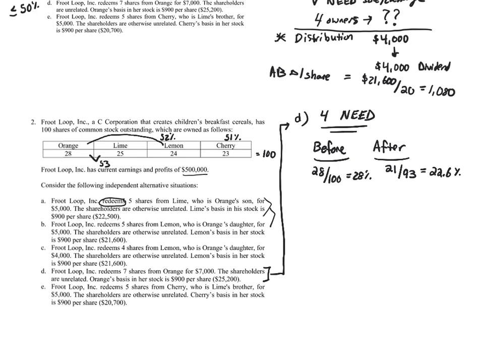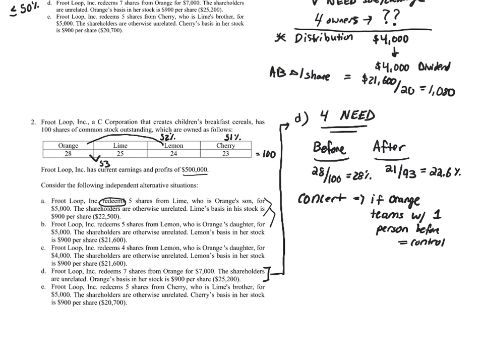So before, we call this the concert issue. If Orange teams with one person before, that group has control, which honestly probably isn't that difficult to do, right?